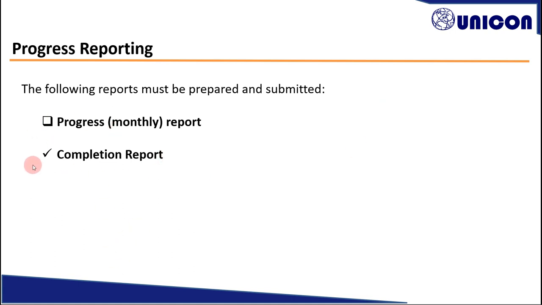Completion report or final report highlights the work and findings of the pilot project with technical and financial details of all project activities summarized, including lessons learned and recommendations for scaling up.